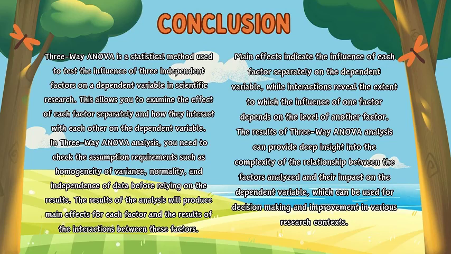The result of three-way ANOVA analysis can provide deep insight into the complexity of the relationship between the factors analyzed and their impact on the dependent variable, which can be used for decision making and improvement in various research contexts.